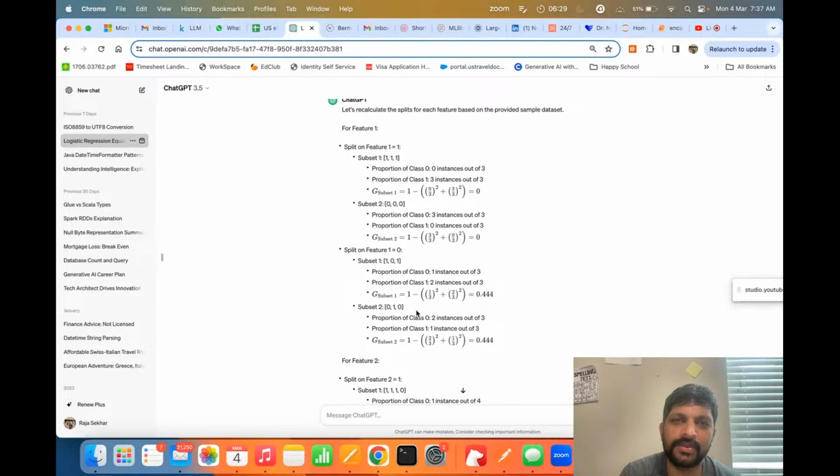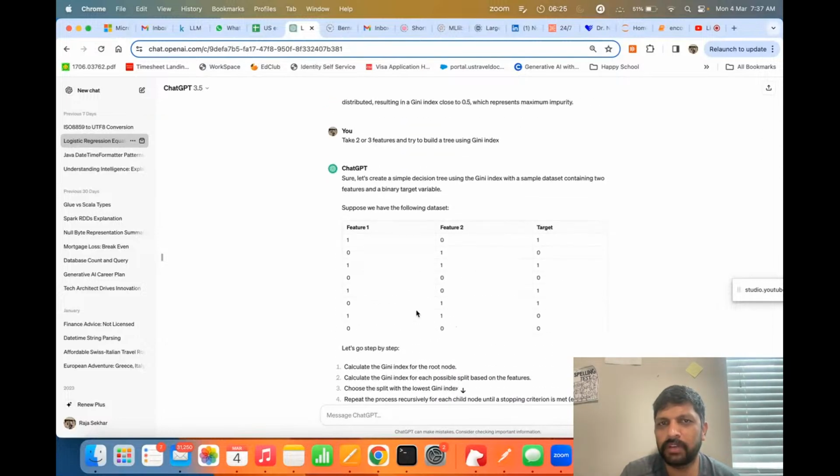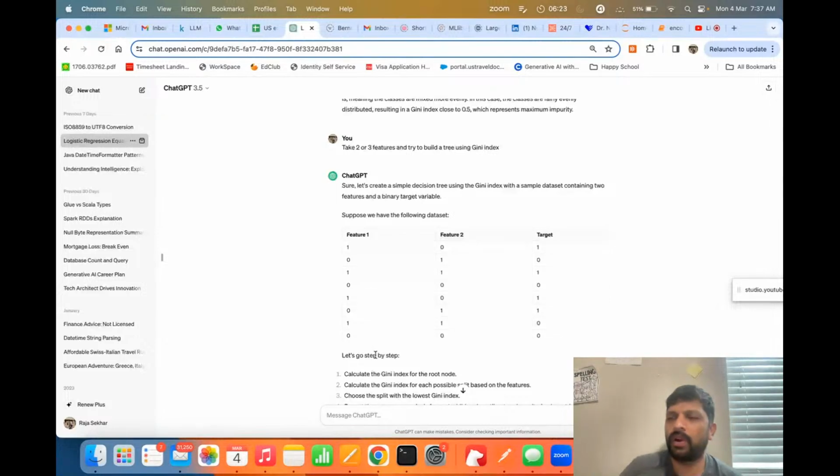Okay, ChatGPT is going wrong here, but if we do it on our own, what happens if feature 1 equal to 1, if we take it, then it'll split into 3 comma 1 sets, where 3 ones and 1 zero, 3 zeros and 1 one. So it'll be 3 by 4, 1 by 4. So it's 1 minus (3 by 4, 1 by 4) whole square.